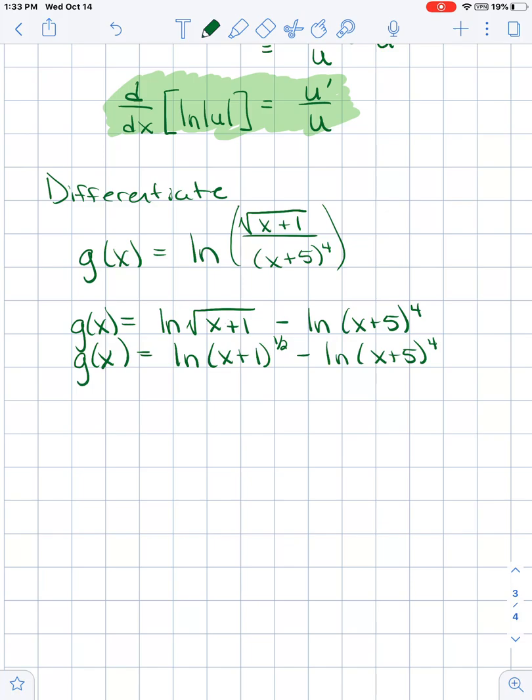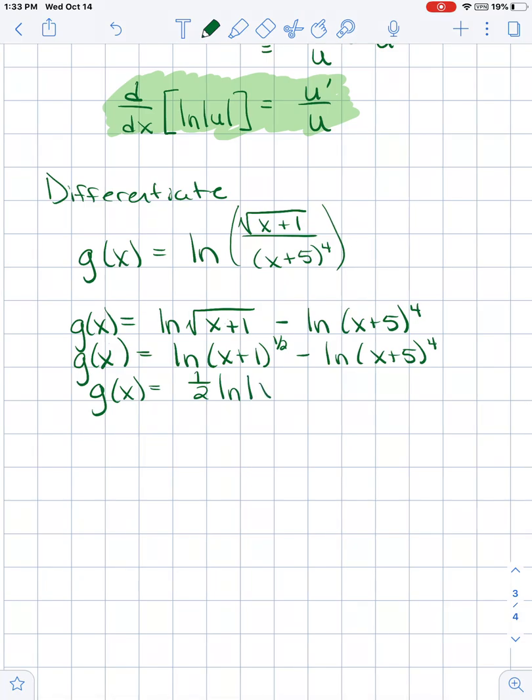We can take that exponent out and put it on as a coefficient instead. So g of x equals 1/2 the natural log of absolute value of x plus 1. Now I do need absolute values because we need to make sure that x plus 1 stays positive. And then 4 times the natural log, same thing here. We do need absolute values. We need to make sure x plus 5 stays positive.